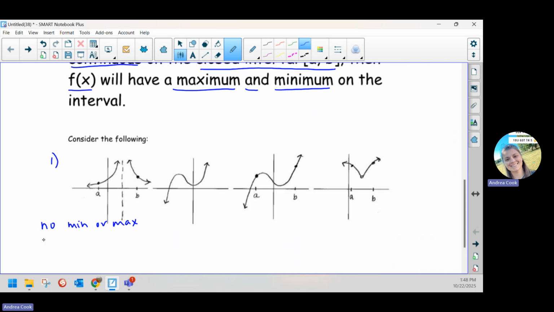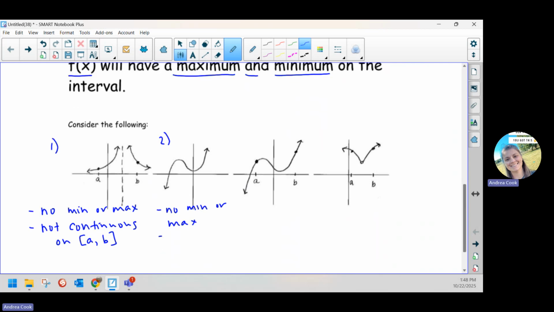It's because it's not continuous on the interval from A to B. Example 2 does not have a min or a max. And why does that not contradict the theorem? Because there's no closed interval.